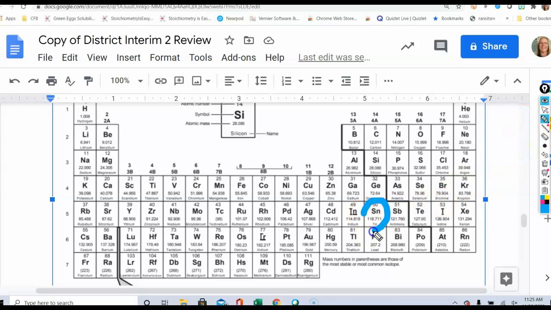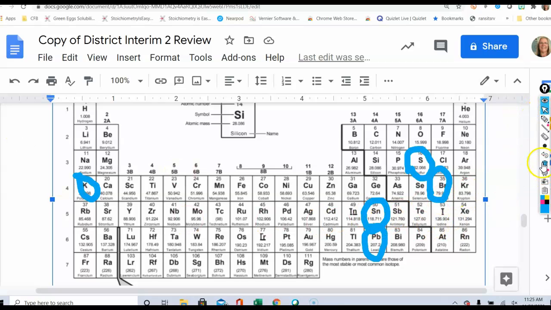I've got tin, lead, bromine, potassium, and sulfur. We are going from least to greatest. That means lead is going to be first, least, tin is next, potassium is next, increasing to bromine, and then sulfur. Remember, increasing up and increasing from the left to the right.